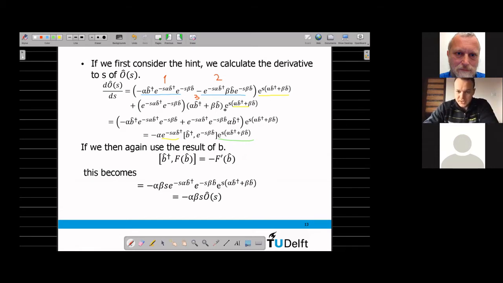So this common term is already on the back, and we need to combine the B dagger here with the B dagger here, and the B from here with the B from here.